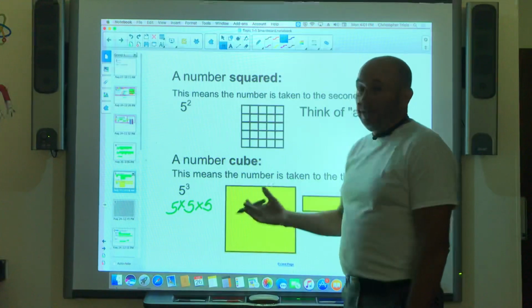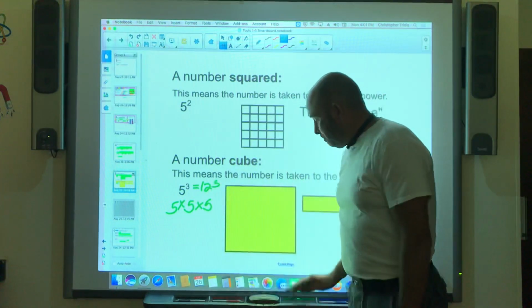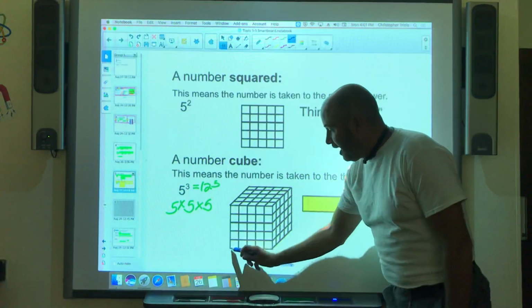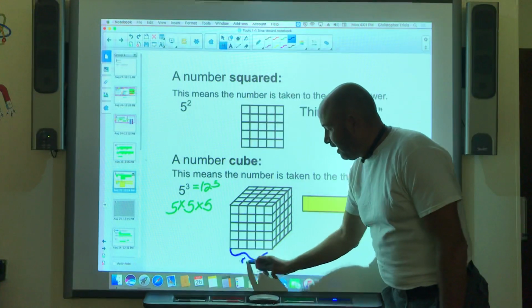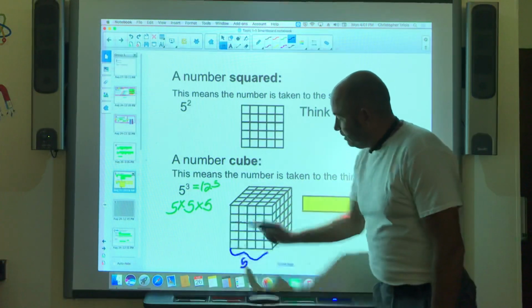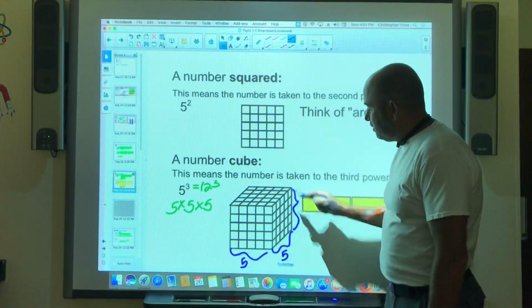And we already know that that equals 125, okay? But basically what we're saying is this. Now we have 5 along the bottom, 5 going back, and 5 going up.